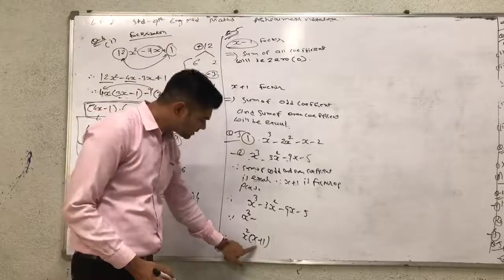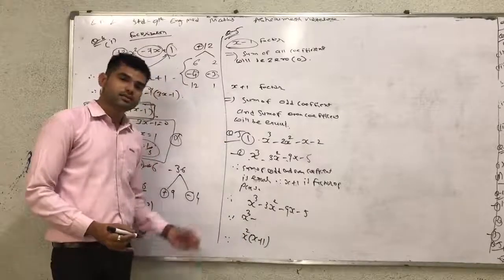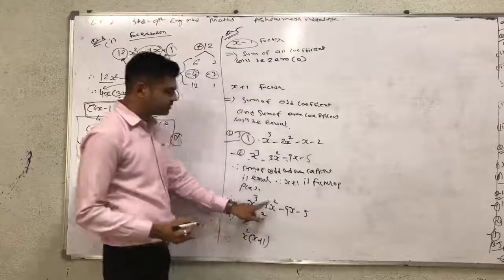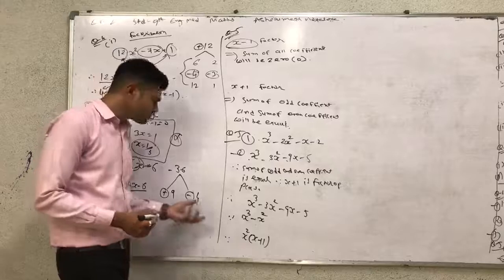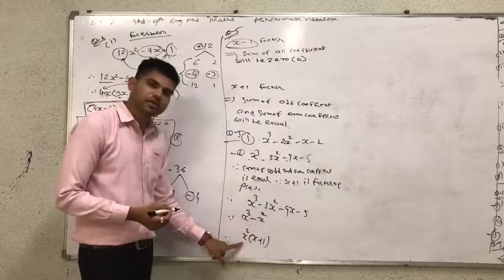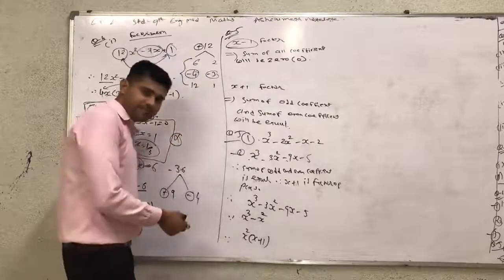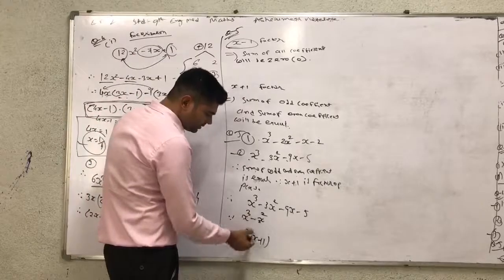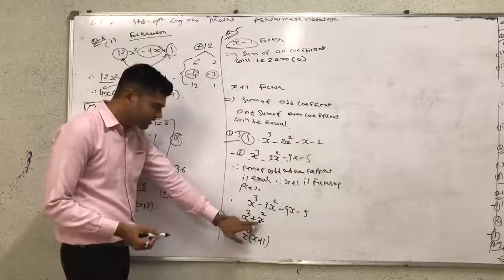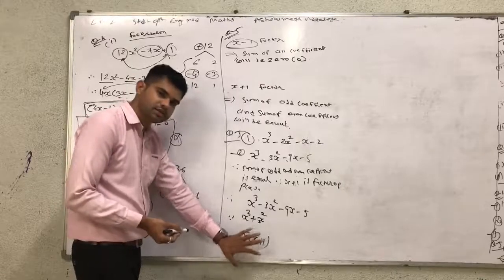So x square into x cube, x cube plus x square. But here it is minus 3x square. So in the term, x square is common, so the remaining answer is plus x square. So x cube plus x square, in the term common x square, the remaining is x plus 1 simplified.